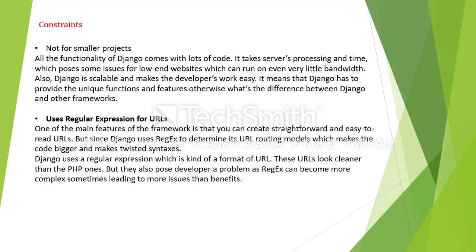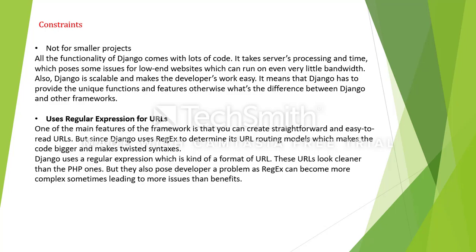Regular expression for URL, yes, this is one of the constraints we have. This is the mechanism by which URLs are parsed. For each resource, it creates a regular expression, and based on the regular expression, it provides you the response. It maps to the response provider within the regular expression.